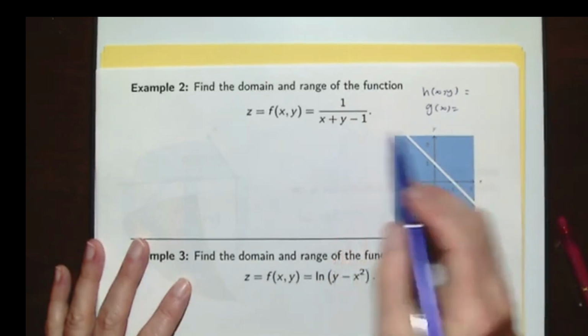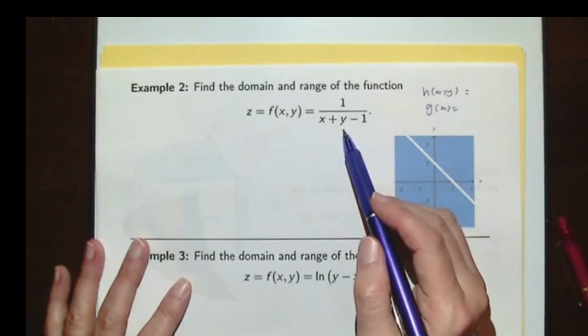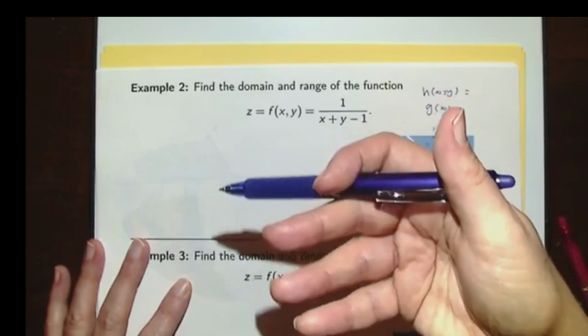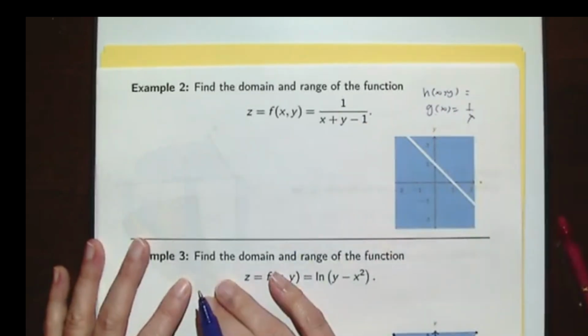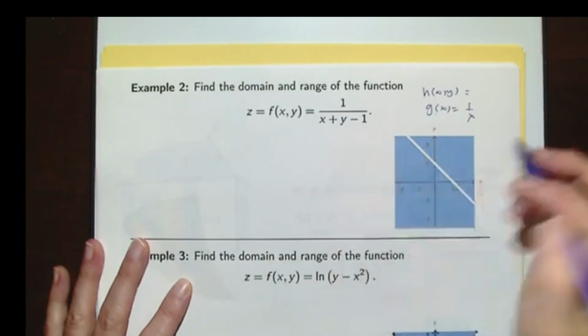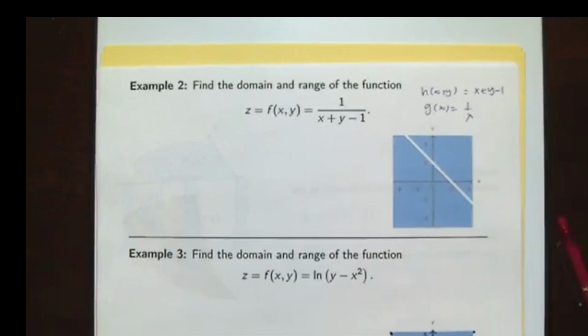H of x, g of x looks like the outer function. It's a reciprocal, right? 1 over x. What's the inner function? Exactly. Right? So the composite of the two of them also would work.